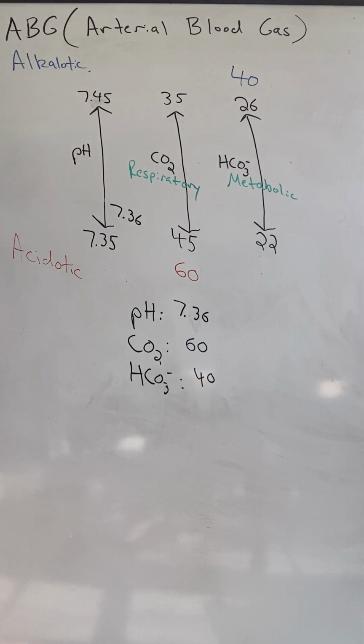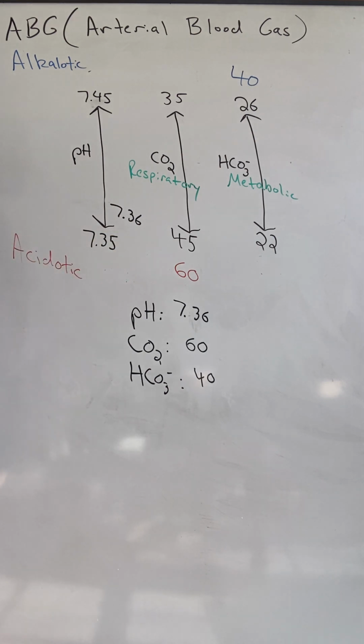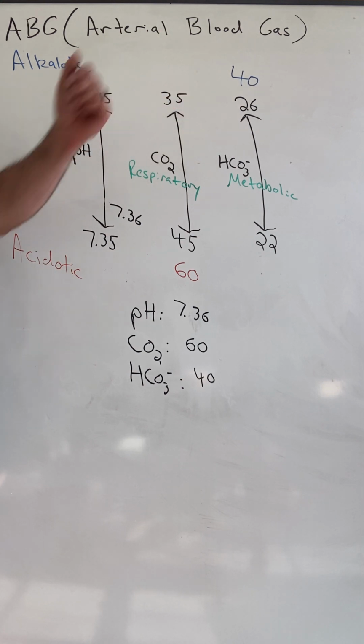That's not going to happen. So even if we do get full compensation, we're not going to overcompensate. And that's why this works. On the acidotic side, we're not going to overcompensate, so we pick respiratory acidosis as our primary problem. And then we have full compensation, obviously, and our compensation is metabolic alkalosis.